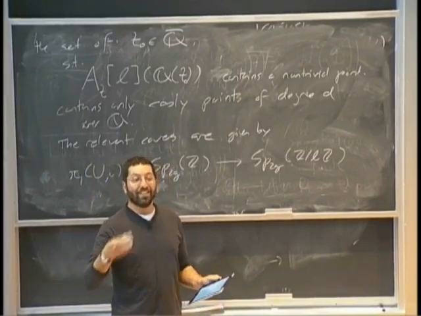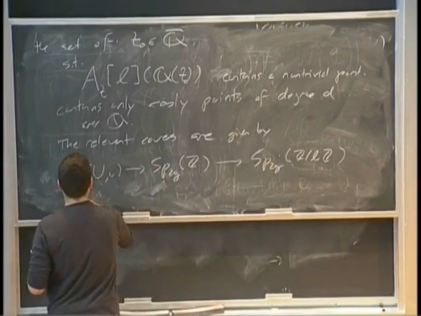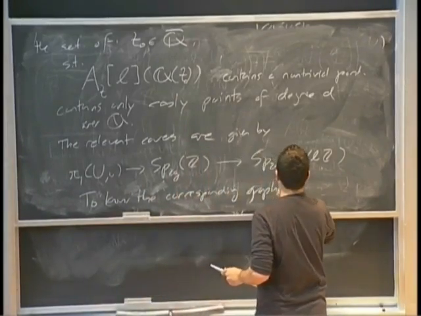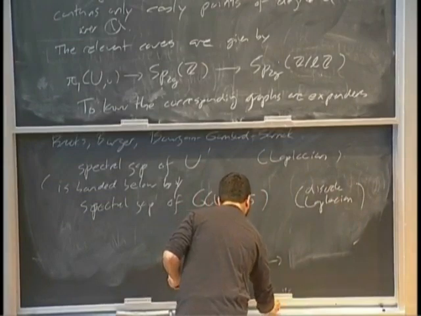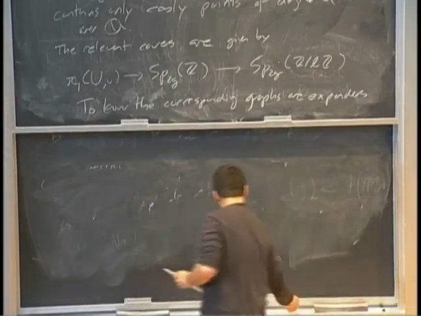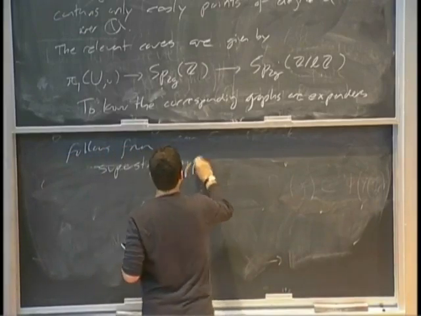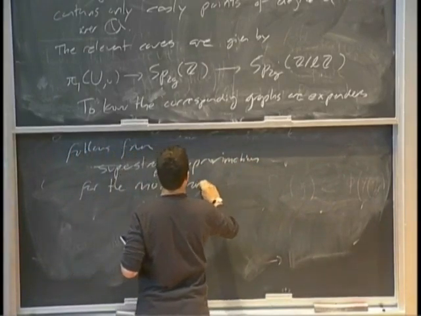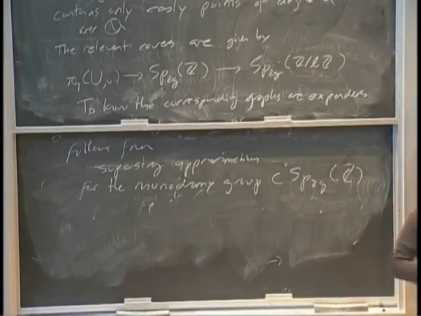Those Cayley graphs are exactly the ones where I take this monodromy group and look at the resulting graph mod L. So to know the corresponding graphs are expanders follows from super strong approximation for the monodromy group of this family sitting inside Sp2g(Z).